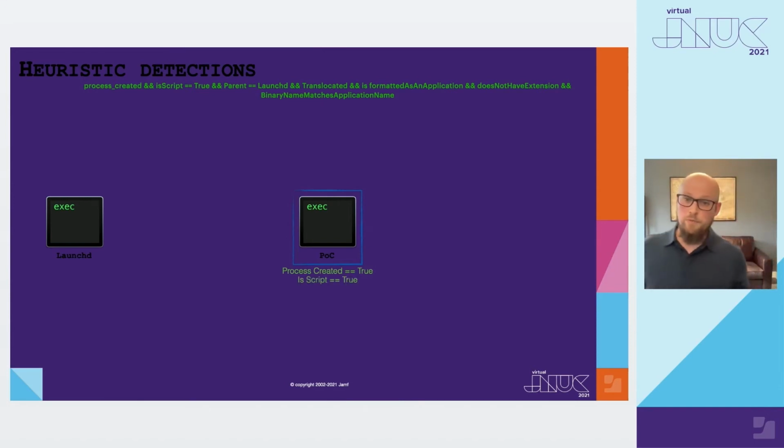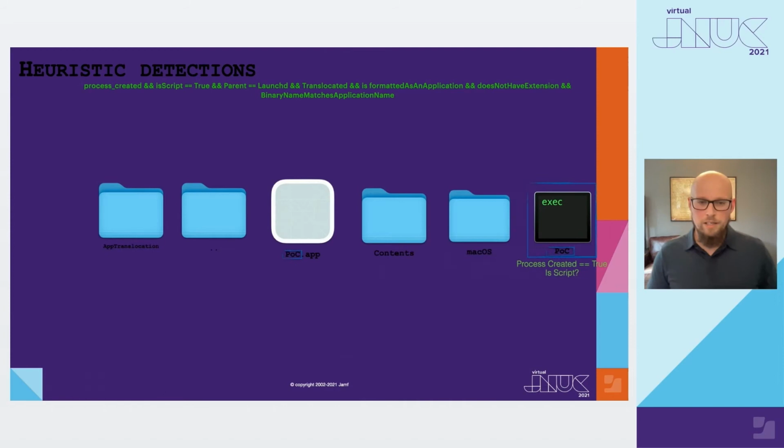The second check that we're going to perform is whether the current application that's executing is a script. We can easily check this by looking for an interpreter running. We can say if it was Ruby running, if it was Python running, if it was Bash, and so forth. We've confirmed that a script is indeed running. Continuing to use this proof of concept, our next check is that this script that was executed is also located within an app bundle, as that's another check that this vulnerability requires if it's going to be taken advantage of.